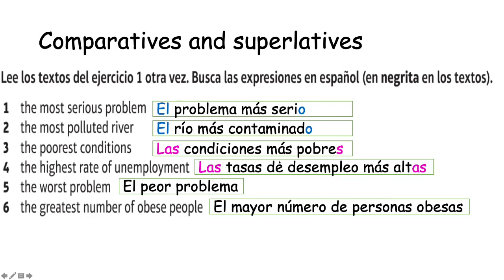If you don't understand how it was formed, then just drop me a line and I'll try to explain to you in a message on MS Teams. Right, so for example, the first one, by the way, this is not really an activity. This is for you to see something that we have seen in the other activity. So, más serio is more serious, más contaminado, most polluted. So these are the other examples.